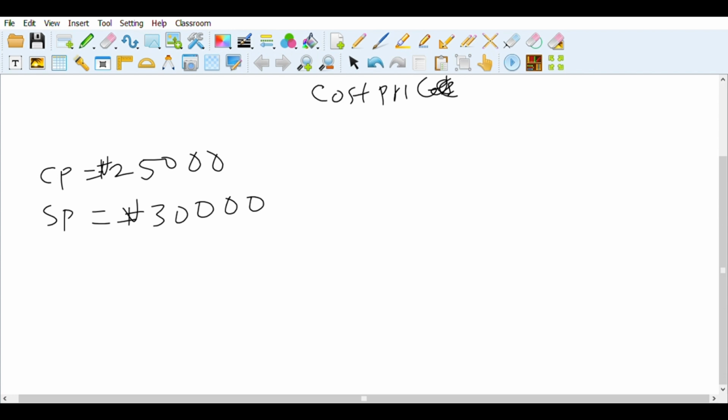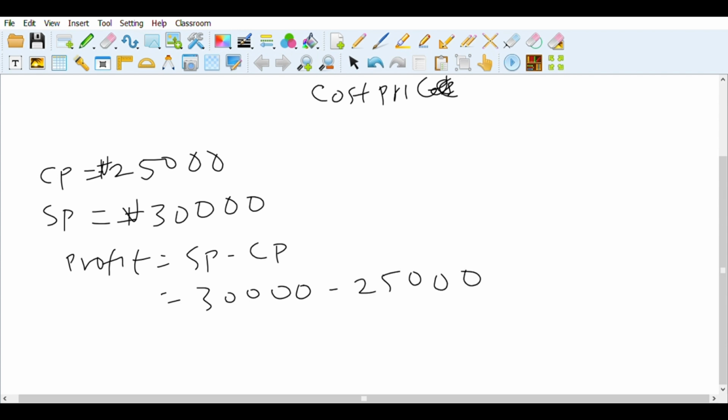So the profit is selling price minus cost price. Selling price is 30,000. Cost price is 25,000. So when we subtract this, we're going to have a profit of 5,000. We made a profit of 5,000.